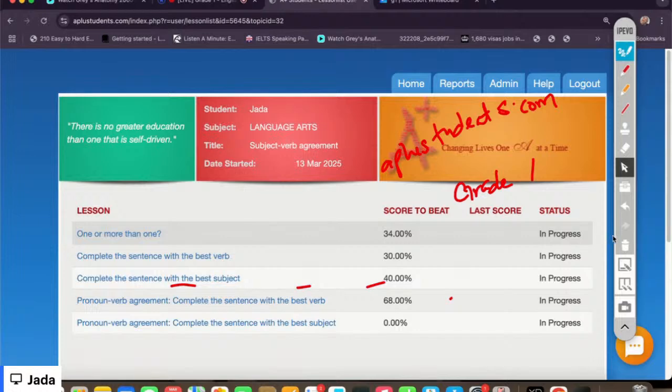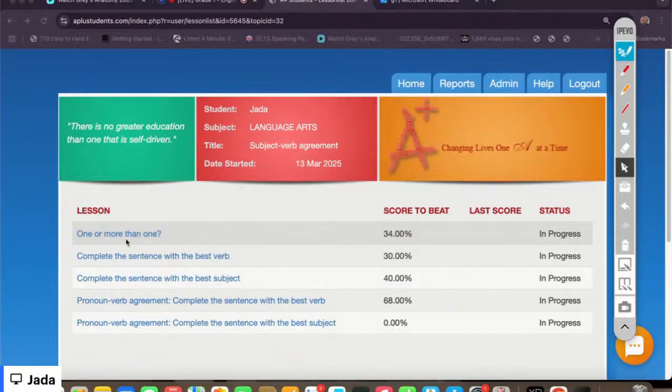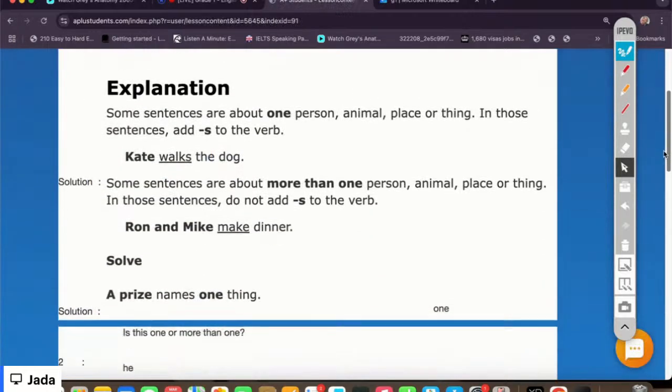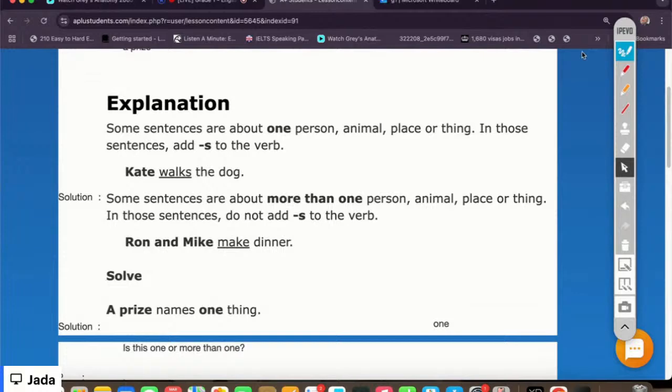Alright, so we will start now. We start with the first lesson, one or more than one. Some sentences are about one person, animal, place, or thing.